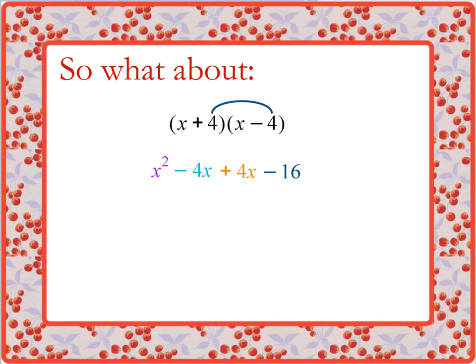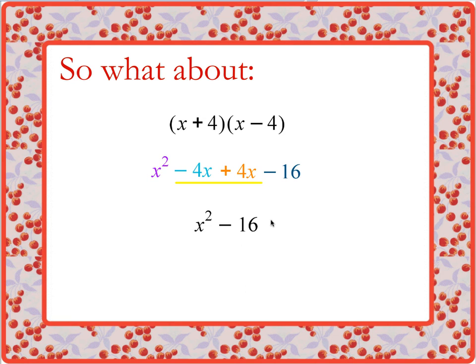After I do the multiplication, when I combine like terms, a negative 4x and a positive 4x are going to cancel each other right out of the picture. I'm going to have no x's left. I will still have the x squared, and I still will have the negative 16, but the 2 middle terms cancel each other out of the picture.